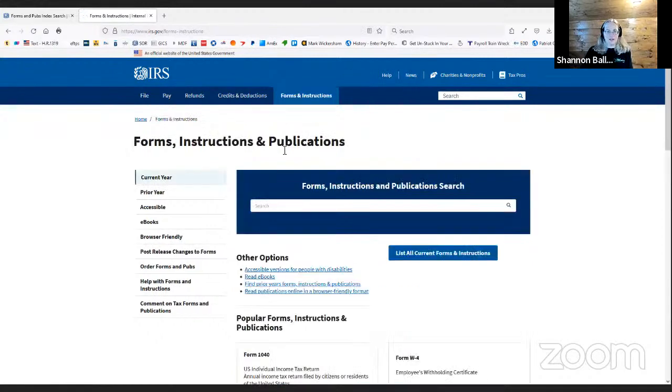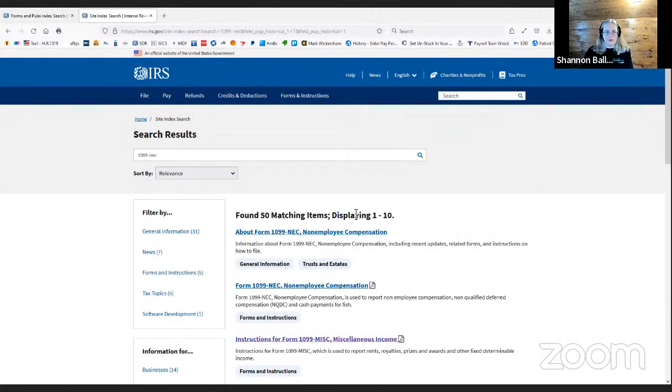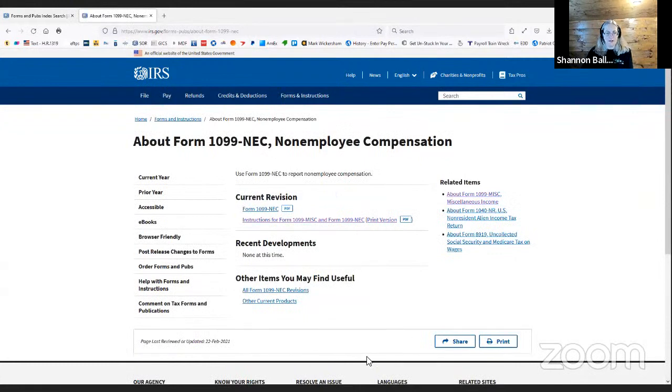This one's a little harder for me to find because it always wants to come up with the 1099 miscellaneous. There we go. We specifically have to type that in, and see how there's not a whole lot of information here about the Form 1099 NEC. There's just the instructions, and it says use Form 1099 NEC to report non-employee compensation.